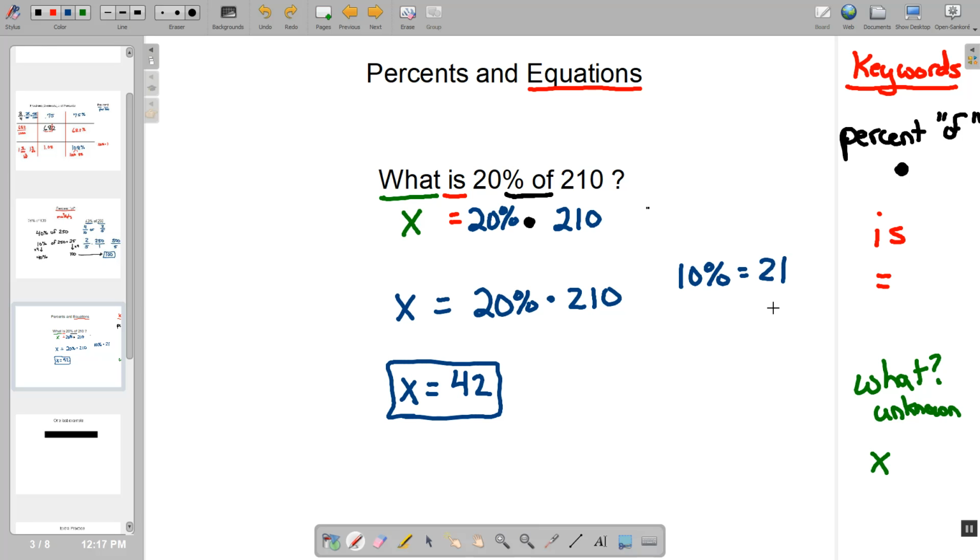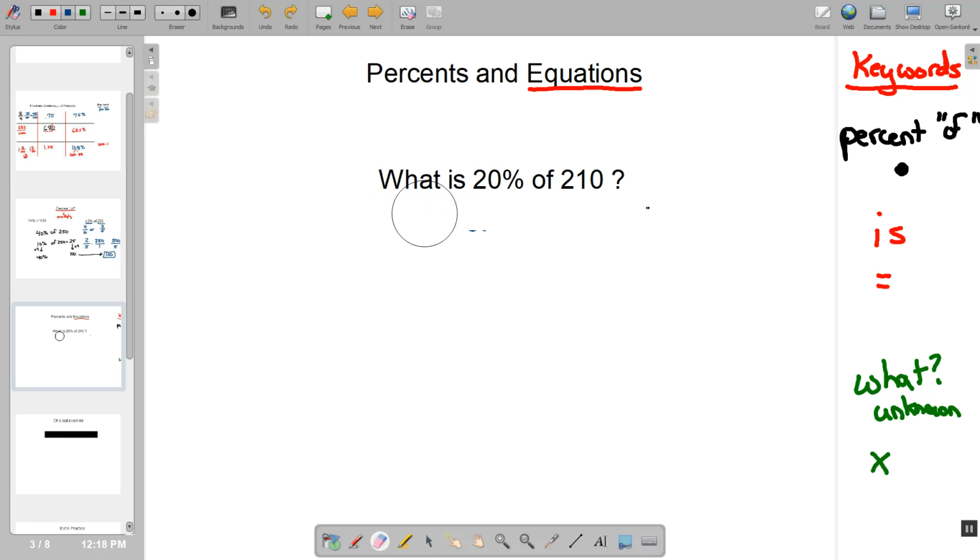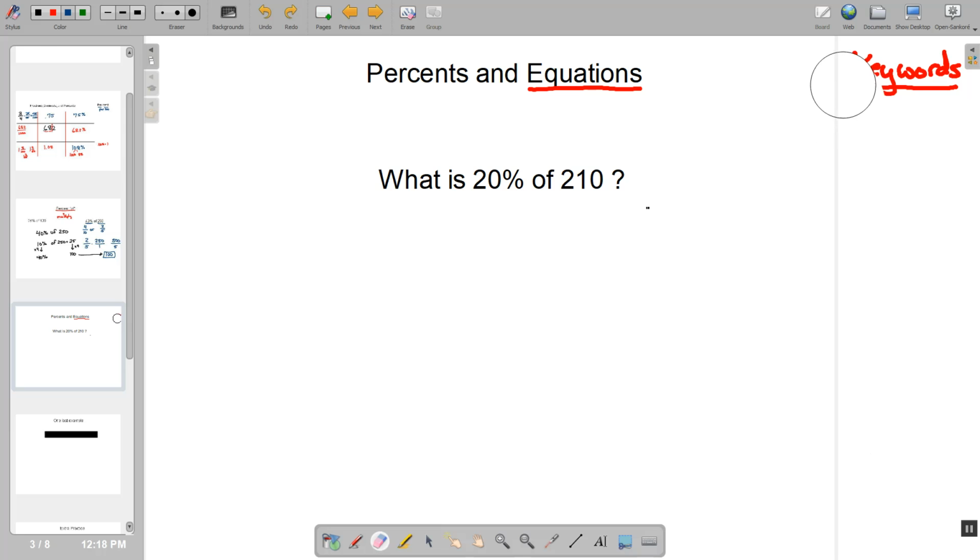So we did it with a linear equation, but I said I was going to prove to you the connection between our linear equations and our proportions. Let's go back to the original problem up here. And instead of keywords, we are going to do a proportion. Now, a proportion is always two fractions set equal to each other. Now we need to figure out from our information what are the two fractions.